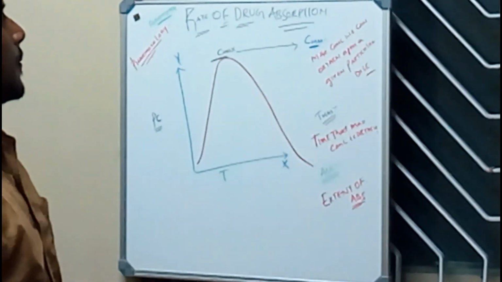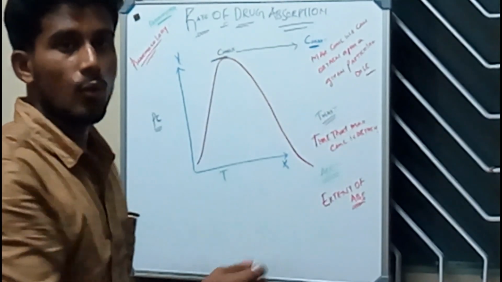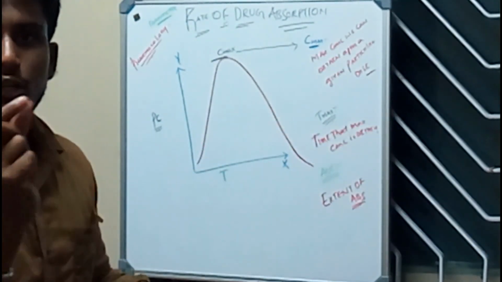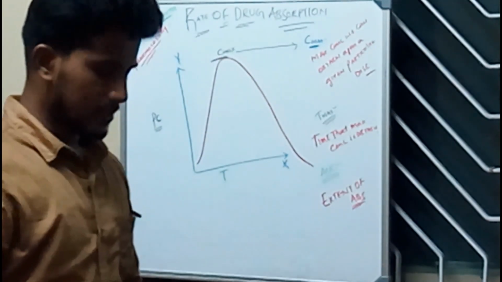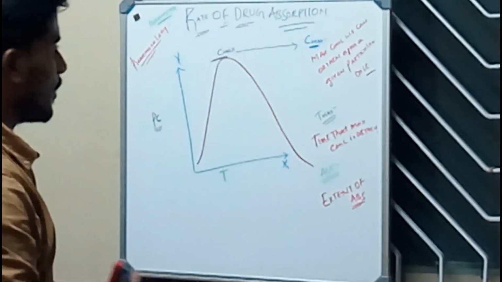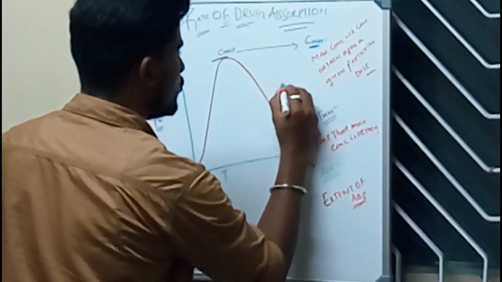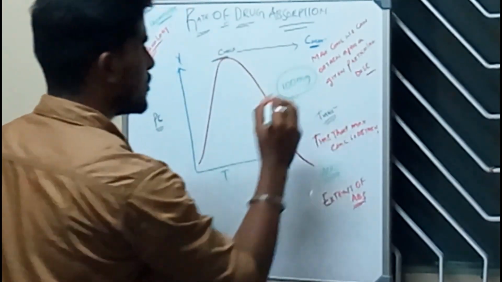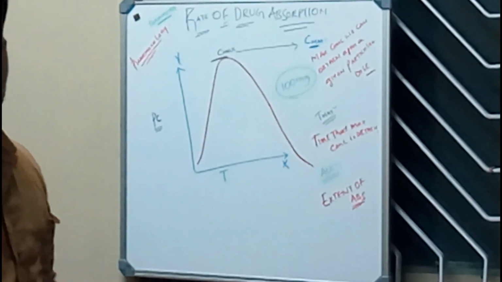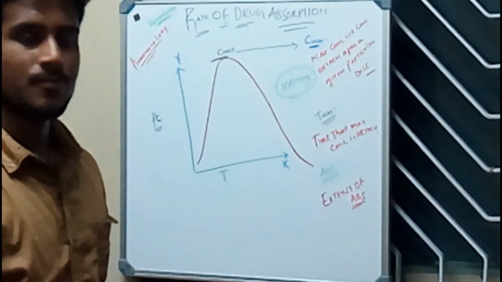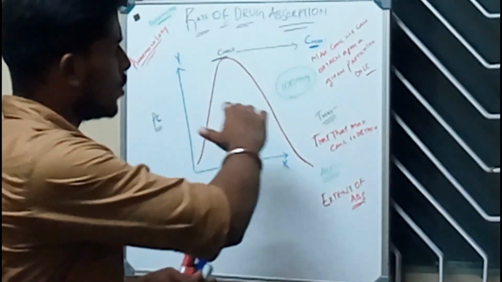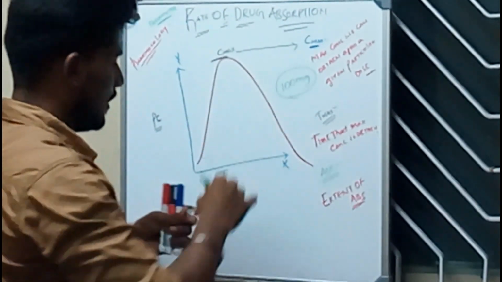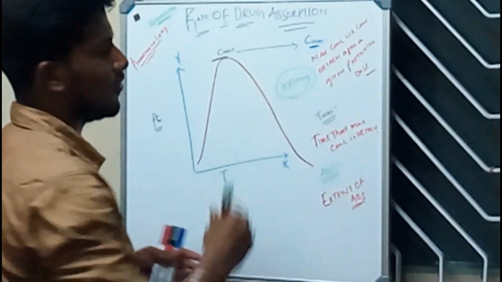It is the maximum concentration we can obtain after a given particular dose. For example, if you take 100 mg of a drug, it may be paracetamol, and we take 100 mg.